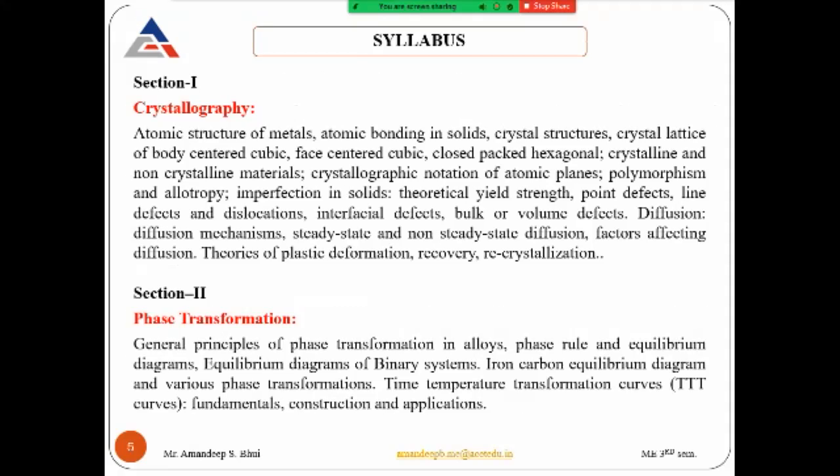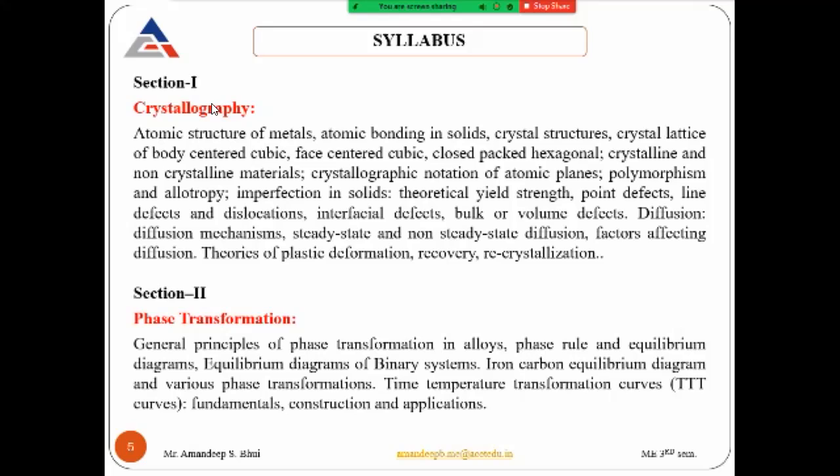Next is your syllabus. The first chapter will be crystallography. In crystallography, you will learn about atomic structure, atomic bonding, and the various crystal structures, that is BCC, body-centered, face-centered, hexagonal close packed. All these structures you will be able to understand.